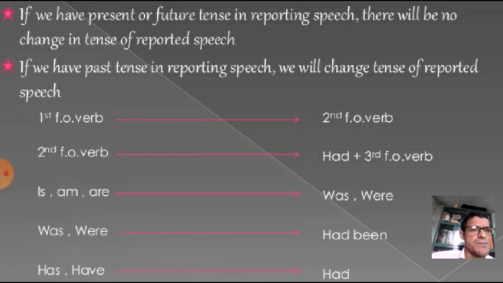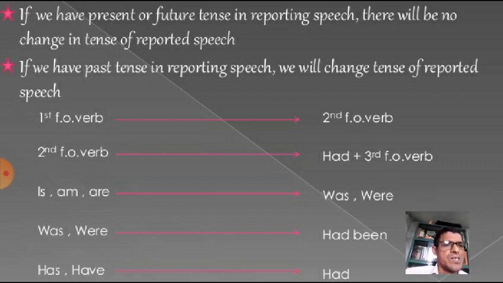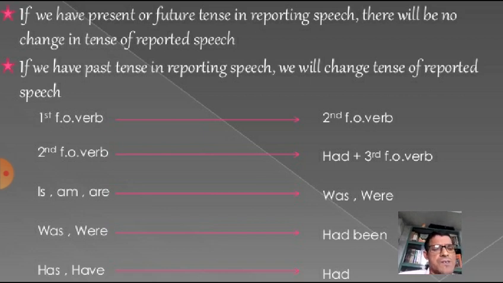Here the same situation is there: if in the reporting speech past tense is there, and in the reported speech was or were is there, then was and were can be changed into had been, dear student. In other words, if in the reported speech past continuous is there, then such past continuous can be changed into past perfect continuous. So this is another rule about the transition from direct to indirect regarding tense.